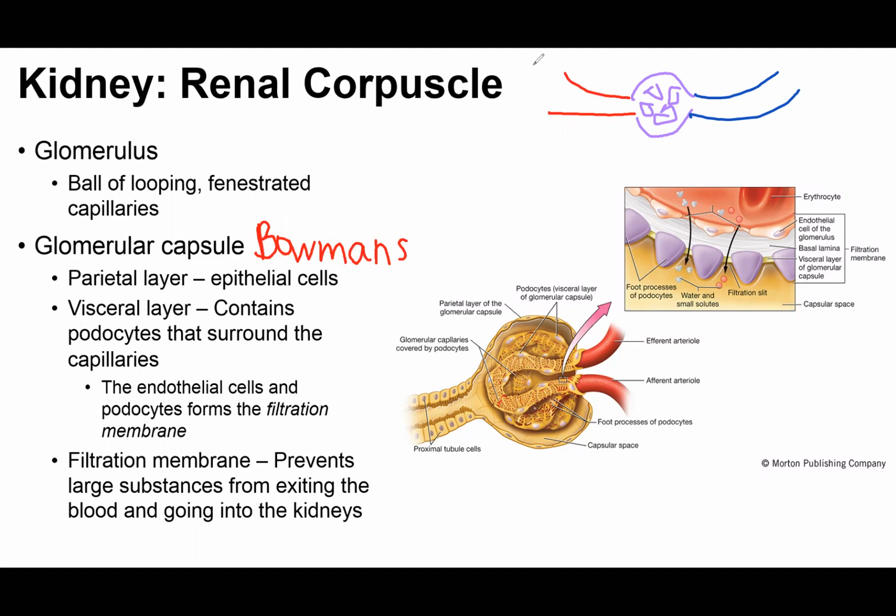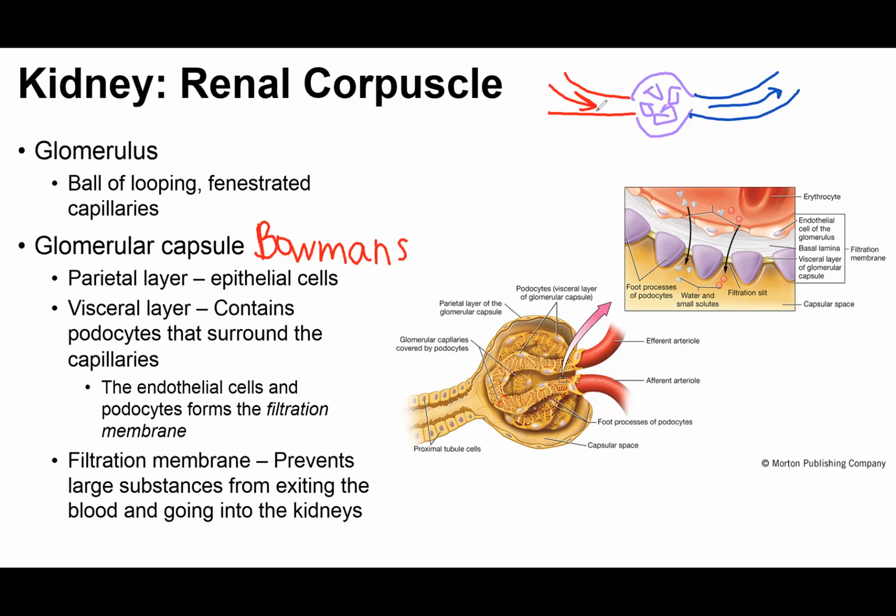And if you remember, this is how blood was flowing through the vessels. Okay, and so the glomerulus is the capillary between renal artery and renal vein, essentially, as a whole.